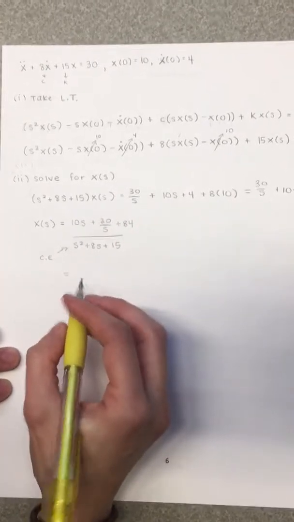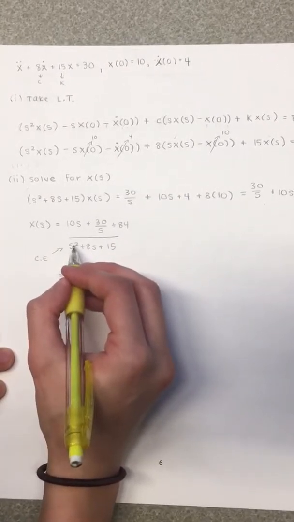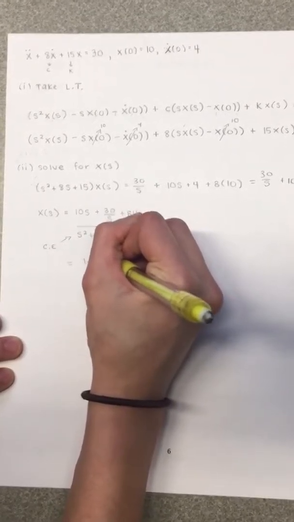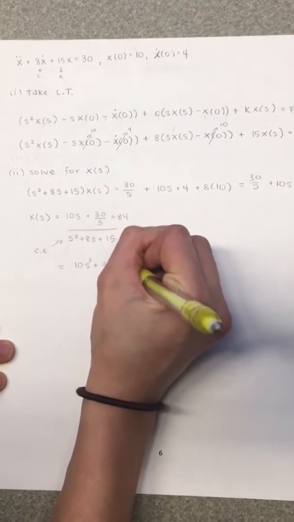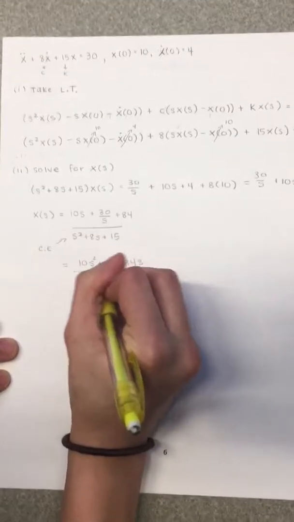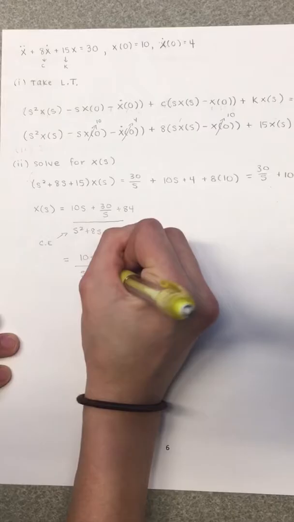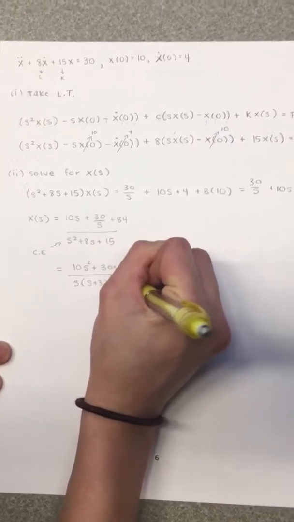Then simplifying that further, we want to get this s in the denominator. So it'll be 10s squared plus 30 plus 84s all over s, and if you factor this out, you get (s plus 3)(s plus 5).